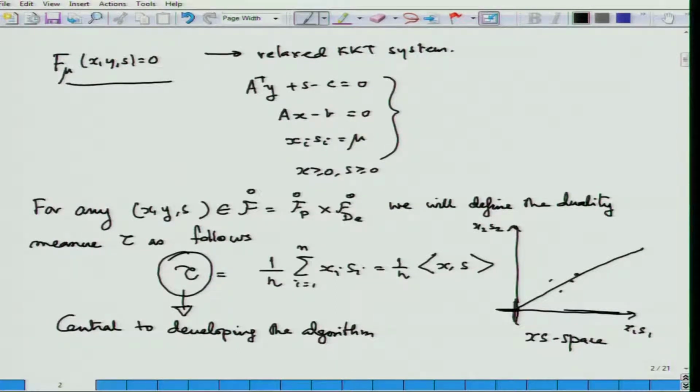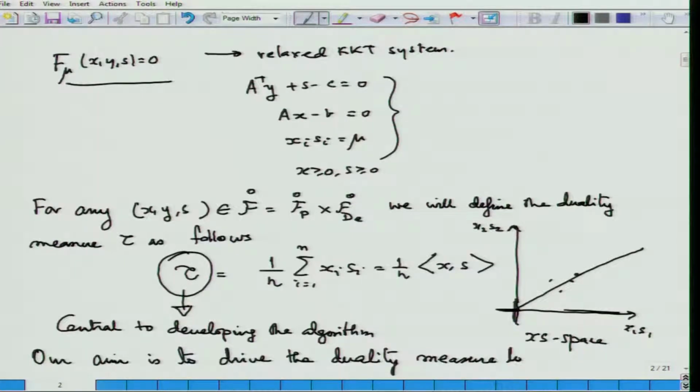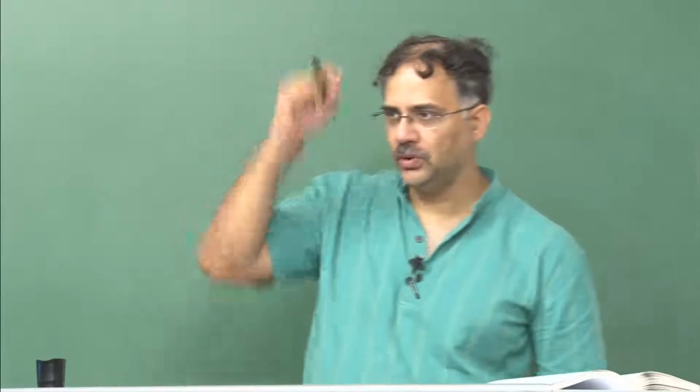So, then what is the corresponding average value that point is satisfying? That is what we call the duality measure. Our aim is to drive the duality measure to 0. So, our aim is to drive tau down to 0.